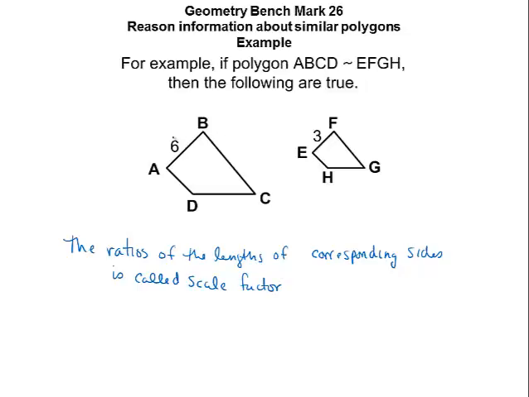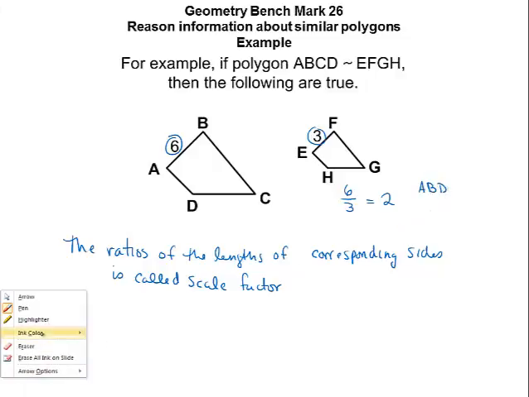So what I have is 6 and 3. These are corresponding sides. AB corresponds to EF. So I can say 6 over 3, which gives me a 2, and I can say that AB, or CD, not DC, sorry.